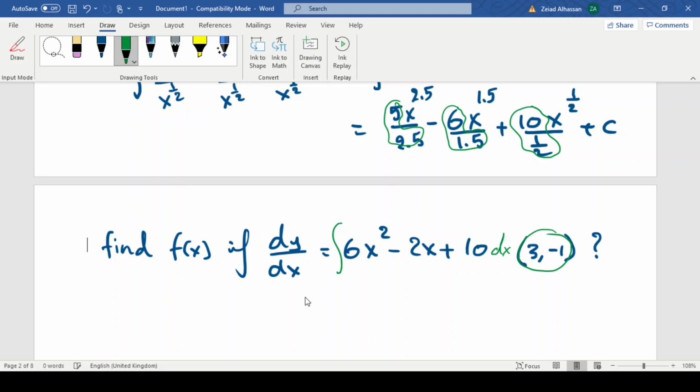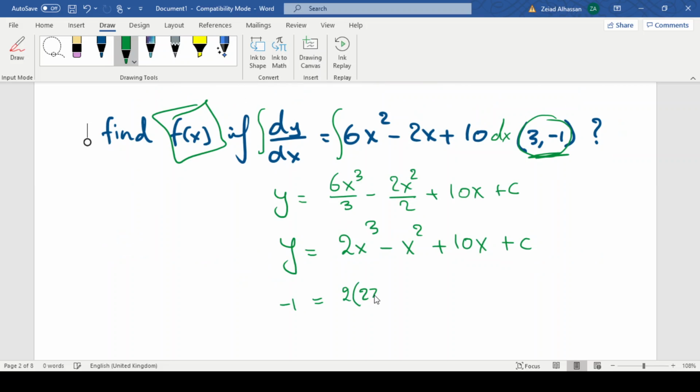We will use the point 3 and negative 1 to find the c. So negative 1 equals 2 times 27, because 3 cubed is 27, minus 9, because 3 squared is 9, plus 30 plus c. Now negative 1 equals 54 minus 9 plus 30 plus c.